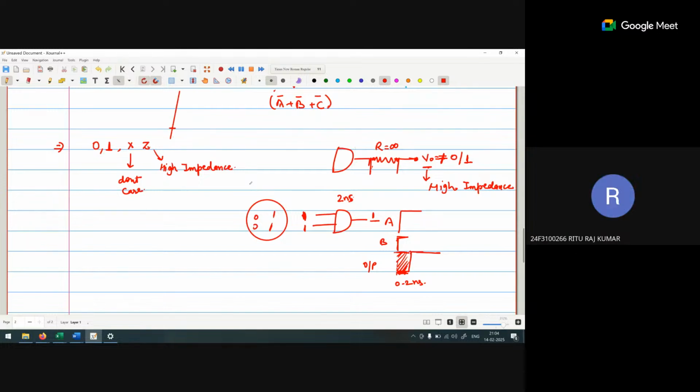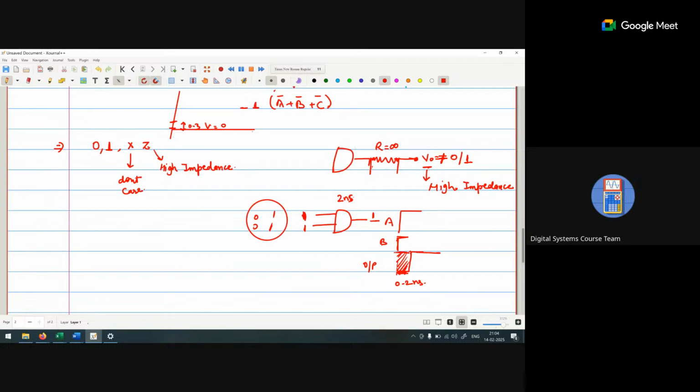So when we are going with the inverter, if the voltage is less than 0.3 volt, we get logic 0, and if the voltage is greater than some particular level, we consider it level 1. But if we are getting a constant 0 voltage, that means we are not saying it is a correct logic. Either it will be 0, or we are providing the input but we are not getting the output.